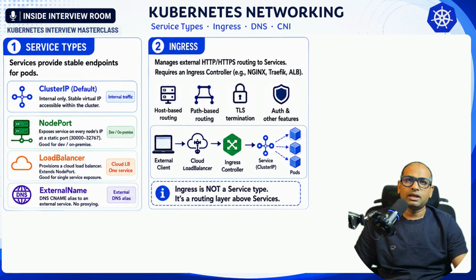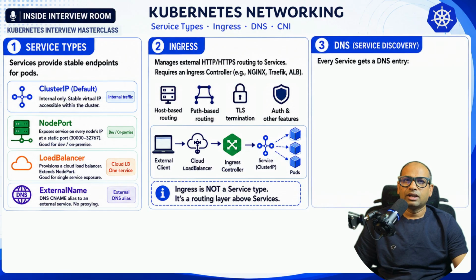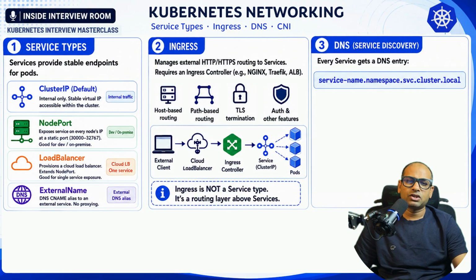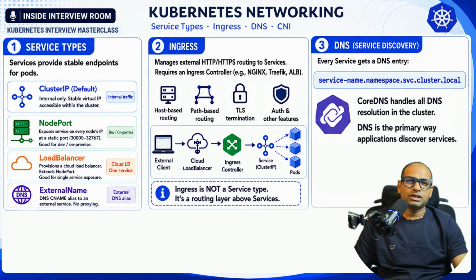The third one is DNS, service discovery. Every service gets a DNS entry: service-name.namespace.svc.cluster.local. Whenever you want to access any service, you can use this DNS, and this DNS is handled by CoreDNS. CoreDNS handles all DNS resolutions within the cluster.